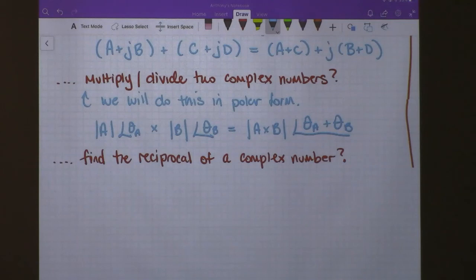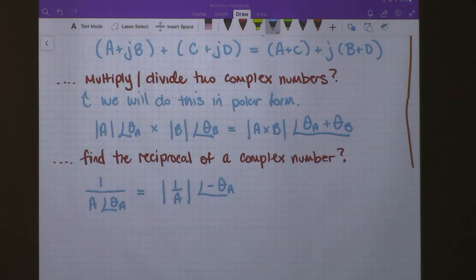What we have is that 1 over A with an angle of theta A is equal to 1 over A with an angle of negative theta A. So you combine these two together to get division, right?